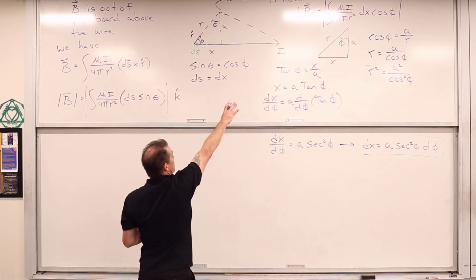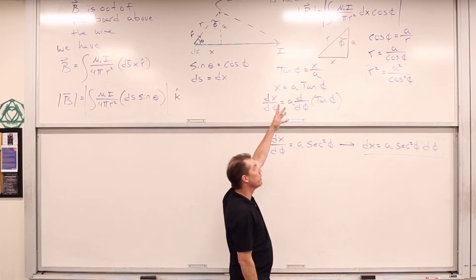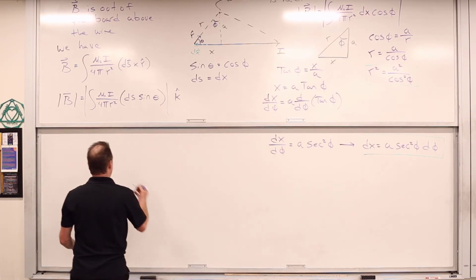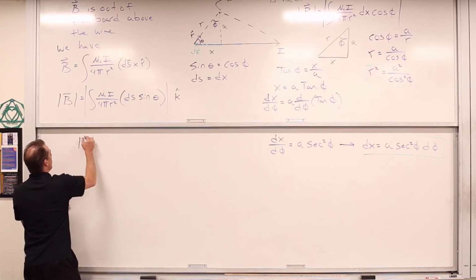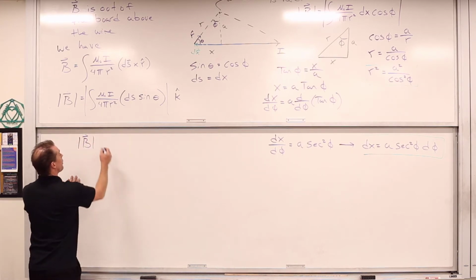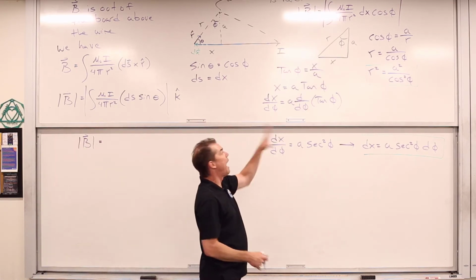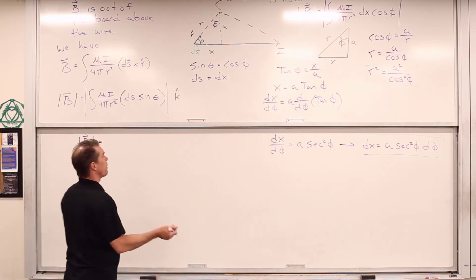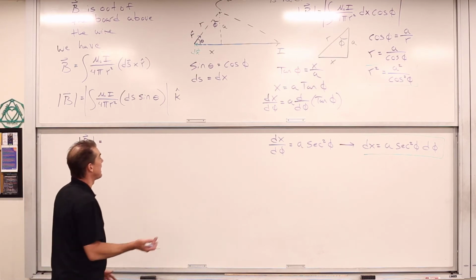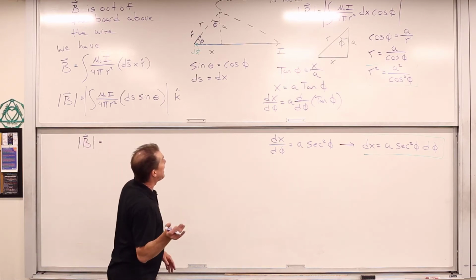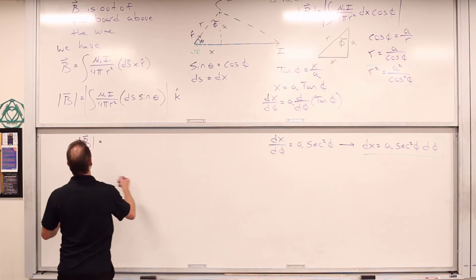So we go back up to our expression for the magnitude of the magnetic field and we'll rewrite this. The magnitude of the magnetic field is going to be equal to, well, mu 0, I, and 4 pi are all constants. Mu 0, the permeability of free space, is 4 pi times 10 to the negative 7 tesla meters per amp. That's great. We're just going to pull all that stuff out.